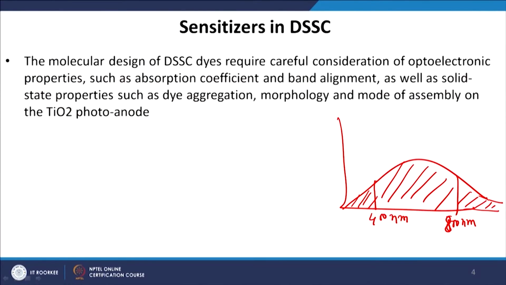The next thing is the morphology. How is the dye molecule distributed over the surface, and also the assembly on the TiO2 photoanode. We know that the titanium dioxide photoanode is usually sintered at 450 degrees Celsius to make a mesoporous structure. The objective behind making it mesoporous is that it can adsorb as many dye molecules as possible. So the dye molecule in principle should go beyond a certain distance from the surface.